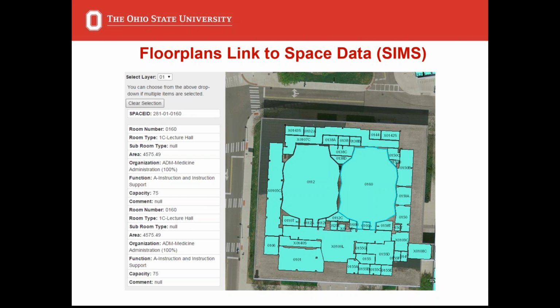So a lot of departments or orgs want to know, hey, where's all my space? How much square footage do I have? How is it distributed across campus? Those kinds of things you could answer on a building by building basis, but not really previously on a campus-wide basis. Getting that overview of where are my buildings located, where are my spaces located across campus.